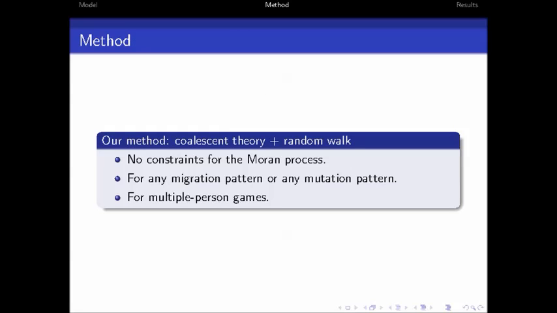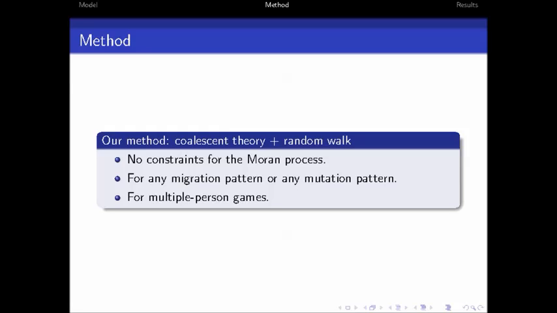To resolve the above imperfections, we provide a new method combining the Coalescent theory with the random walk. This method will be introduced later. Here there are 3 points to be observed. Point 1, there are no constraints for the Moran process in our method.